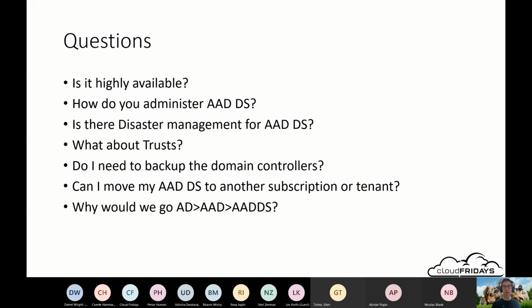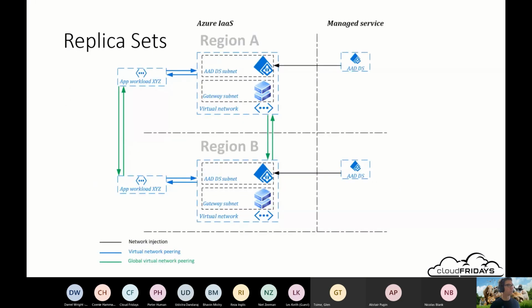It's still linked to your Azure Active Directory, but there's another set of domain controllers. So in region A, you've got your 2 domain controllers that are injected into your virtual network, and then in region B, when you deploy another replica set, you've got 2 domain controllers injected into your virtual network in region B. What makes it all work is the VNet peering and the global VNet peering.